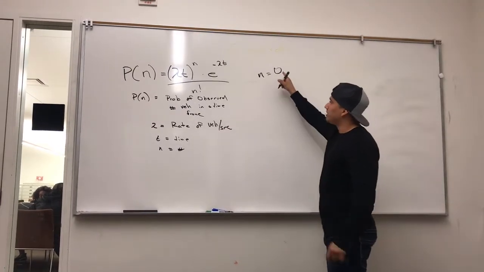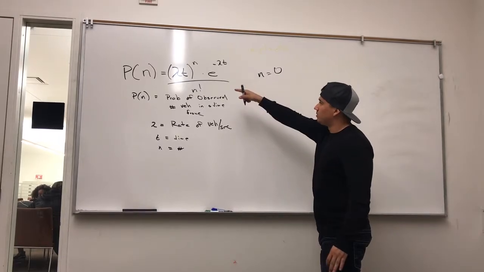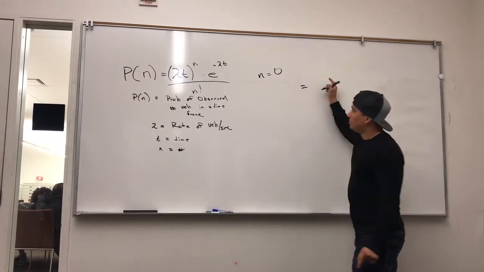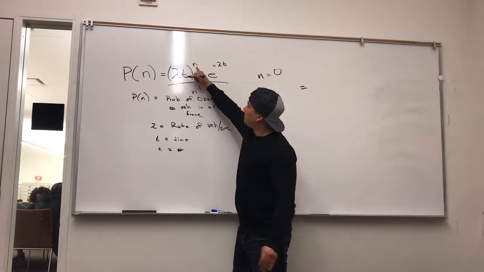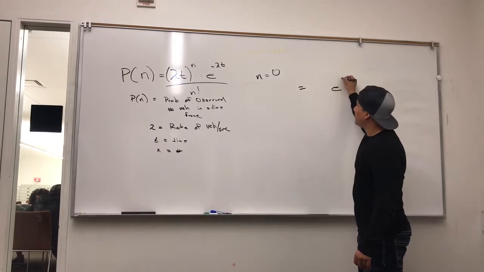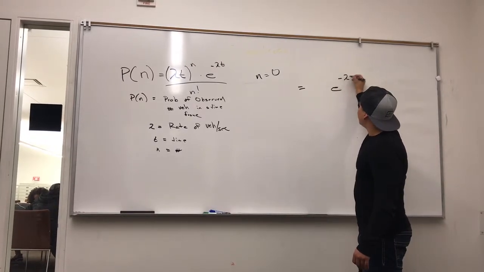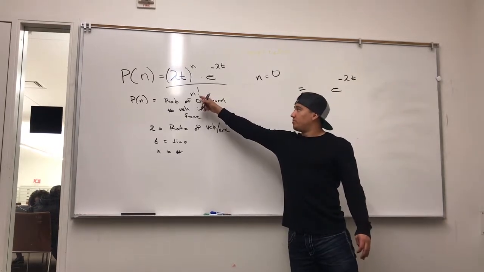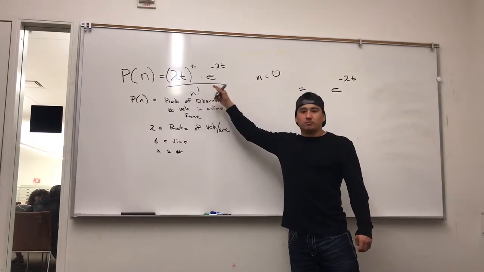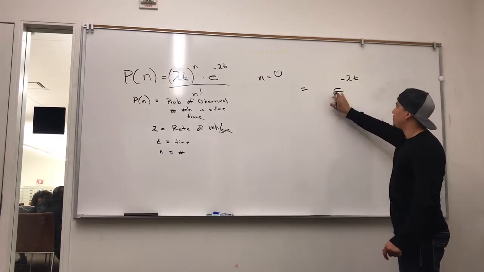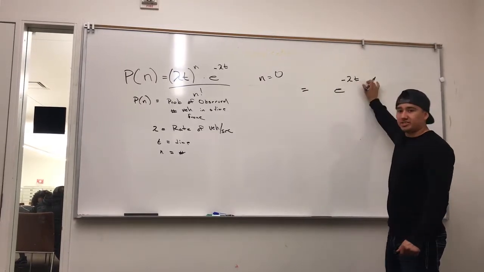So here, if we make n equal to 0, the equation would equal this part here. If it's 0, just go to 1. The factorial of 0 would just equal 1. So all we're left with is e to the negative lambda t.